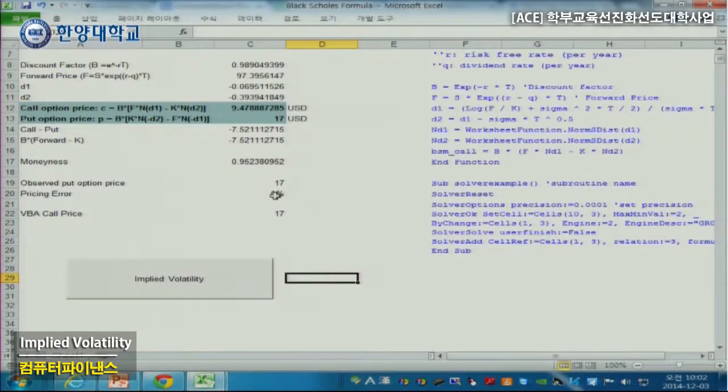So for my pricing error, I have to define the pricing error instead of this one. My pricing error is my BSM function minus the market price, the observed put option price, squared. So let's say the observed put option price is 18. So there is 100% pricing error, and I want to make it 0.